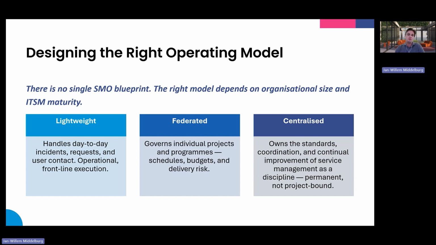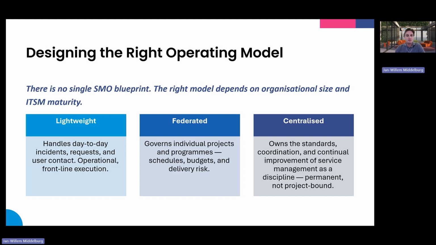On this slide, you see three common operating models. Organizations can start with a lightweight SMO, which just handles the day-to-day, federated across multiple different vendors and projects, or centralized, which owns the standards, coordination, IT processes, and IT governance control. Most organizations start at the left with establishing a lightweight SMO, generally driven by one or two people, and move to a federated and ultimately centralized function.